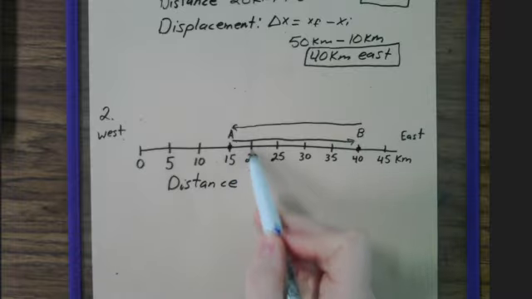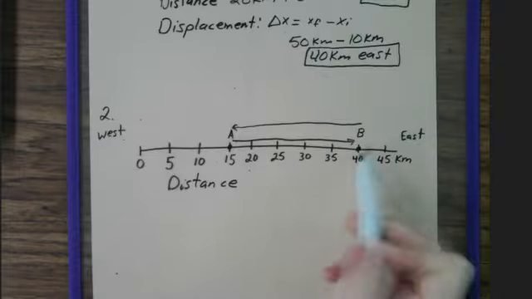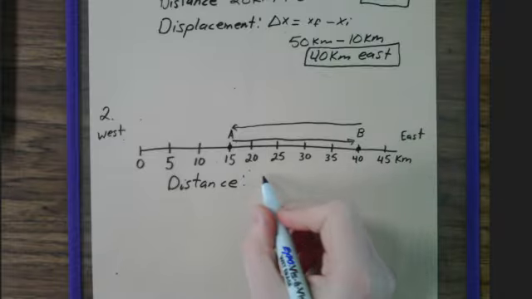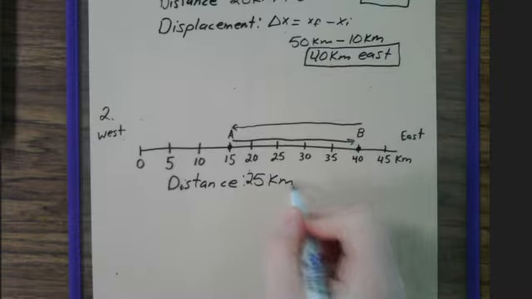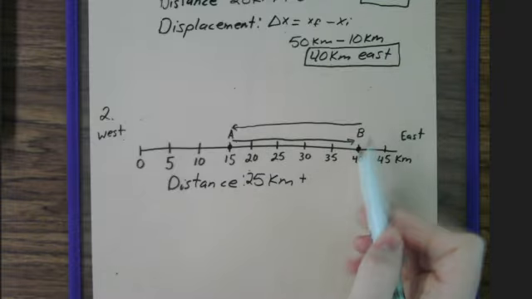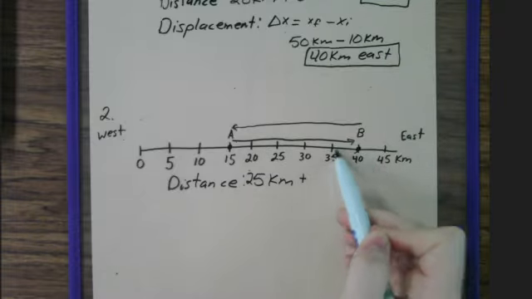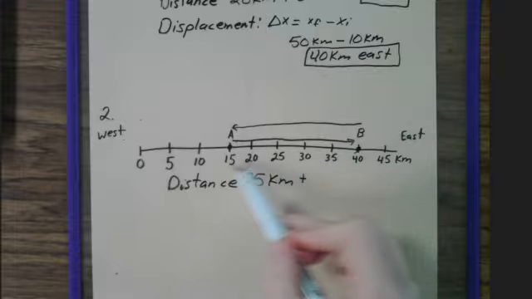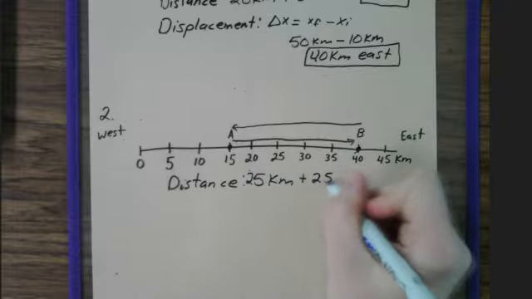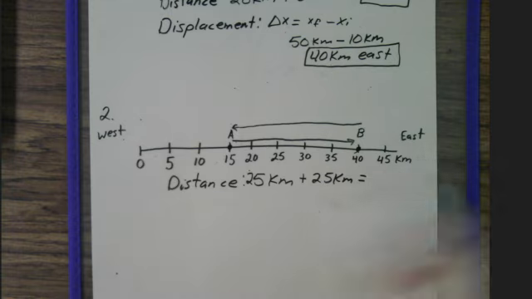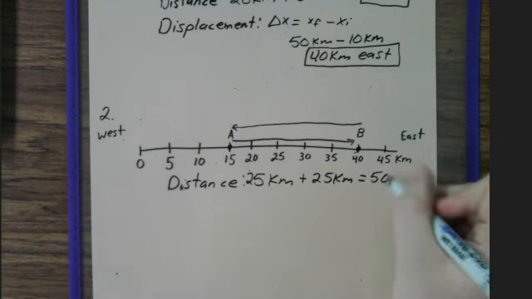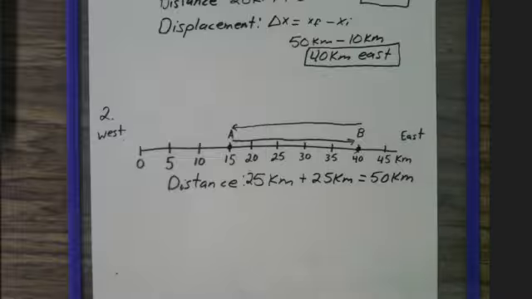So we go 5, 10, 15, 20, 25. So A to B is 25 kilometers. Plus, we also have to go back. So B, 5, 10, 15, 20, 25. 25 kilometers. Our distance, if you add these both together, is going to be 50 kilometers.